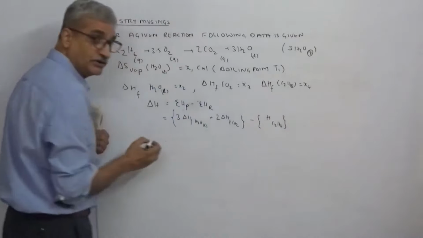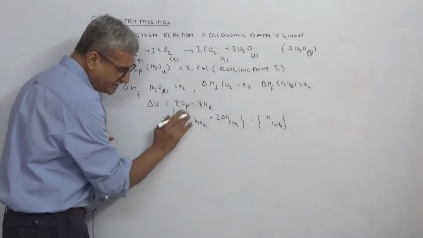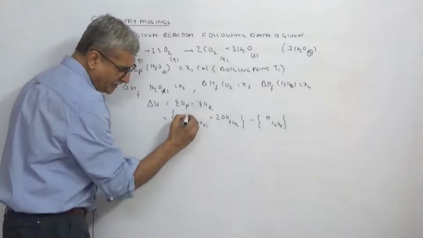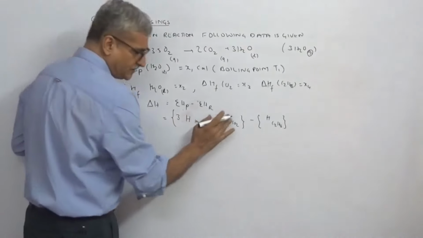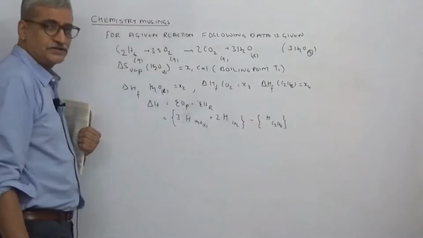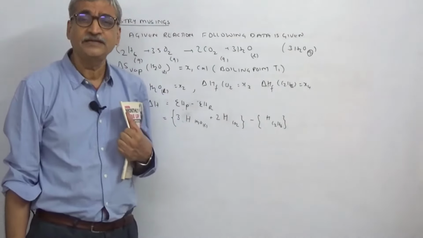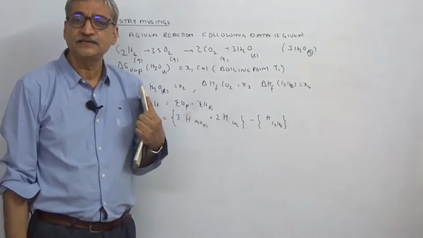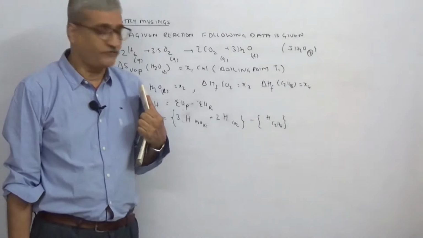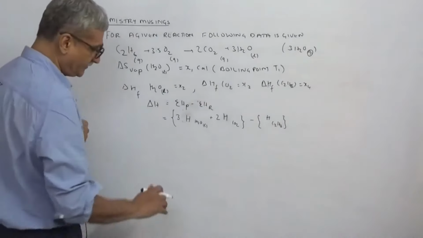See, if you remember, I told you delta H formation for any compound is its enthalpy. So I can write this as H. This is also the enthalpy of carbon dioxide. So the enthalpy, the heat content of any compound, is its heat of formation.